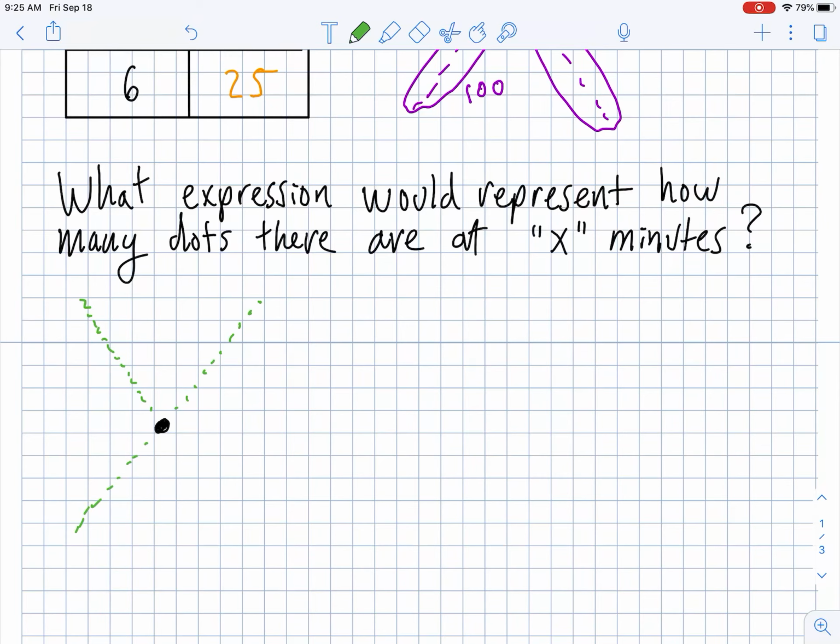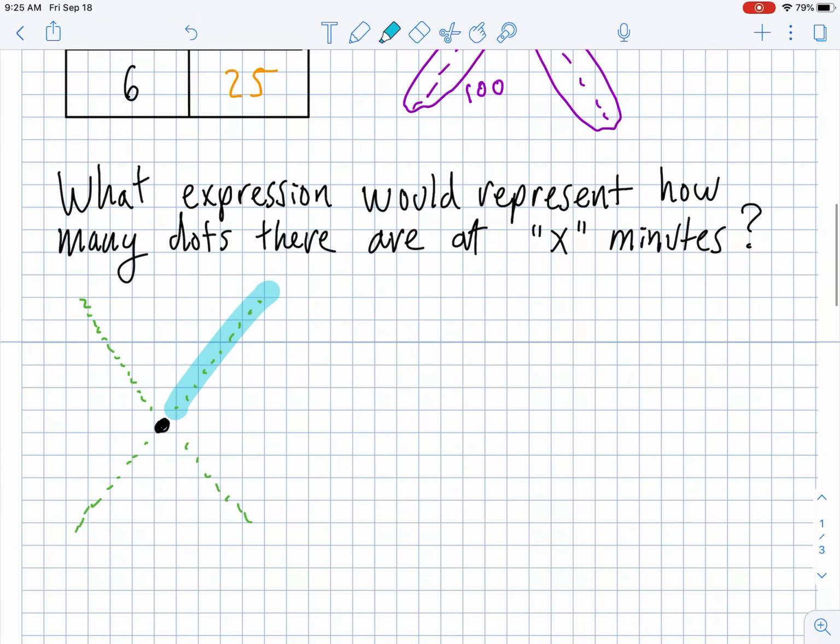It's just X. So if you think of each of these as X dots, we have 4 of them. So an expression for that would be 4x. But then don't forget about that little guy in the center. That's always a constant. It started with this amount of 1 in the middle. So I think an expression for this would be 4x plus 1.